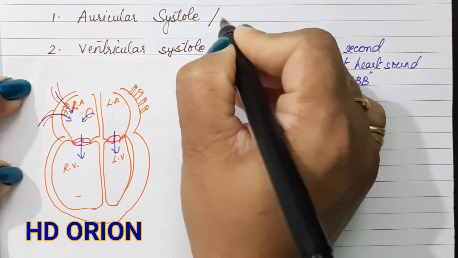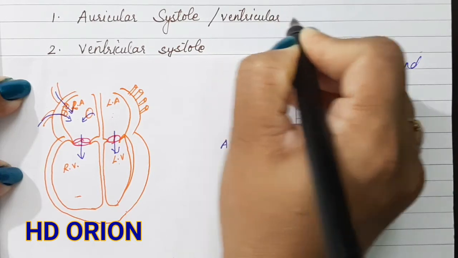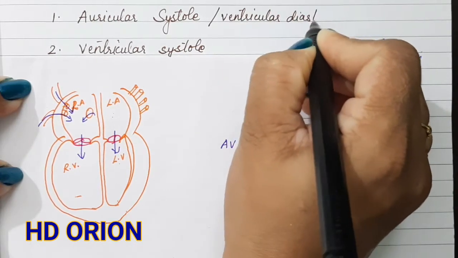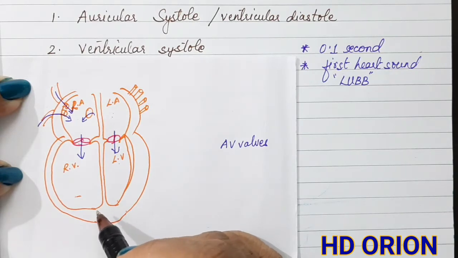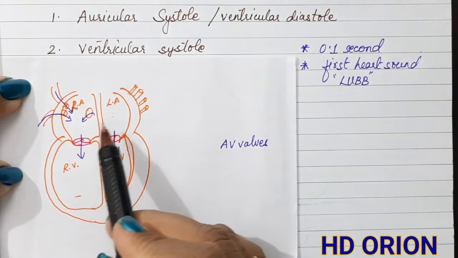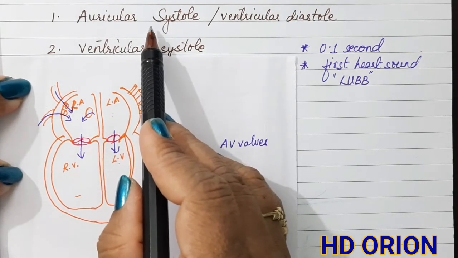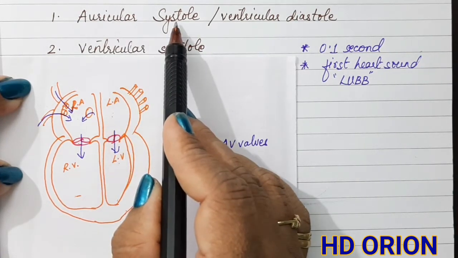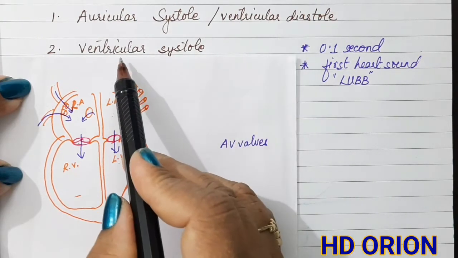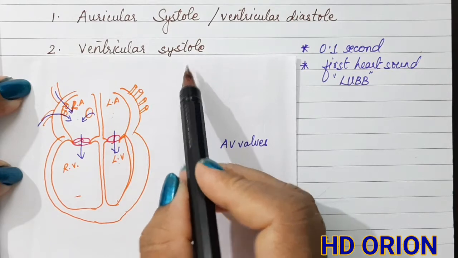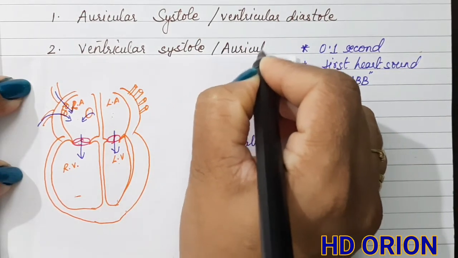So we can also call this phase ventricular diastole, because all four chambers cannot be in the contracting stage at a time; either the auricles or the ventricles will be contracting. In the first step, the auricular systole took place, and at that time the ventricles were relaxing. The second step is ventricular systole, so we can also call it auricular diastole.